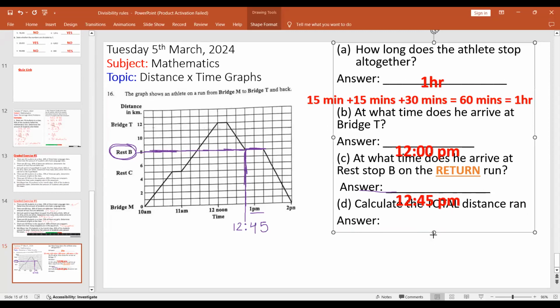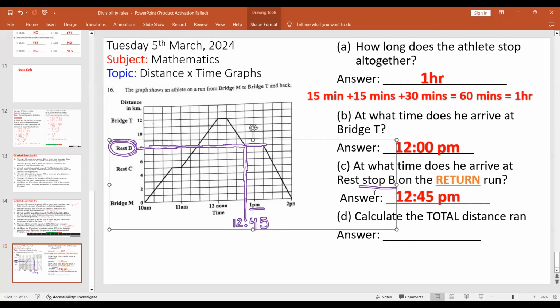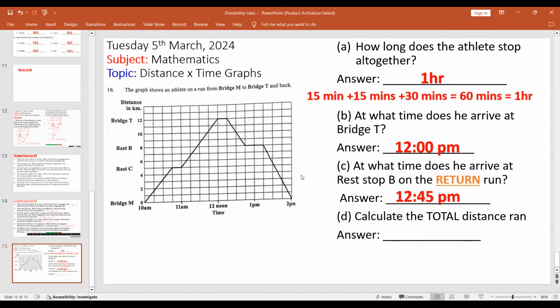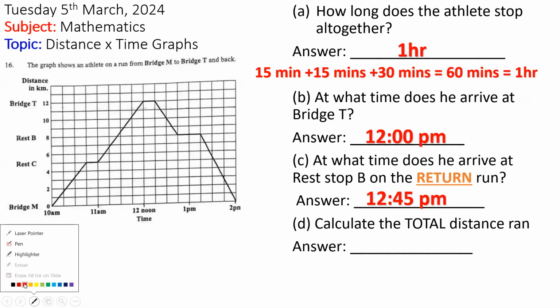He wants us to figure out the total distance ran. So for that, we want to figure out the total distance that he ran. Okay, so let's figure that out. The total distance that the man ran.